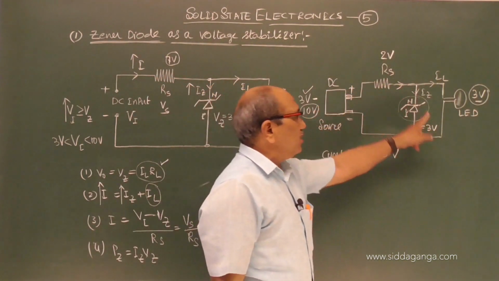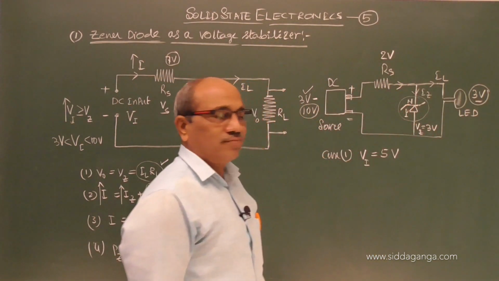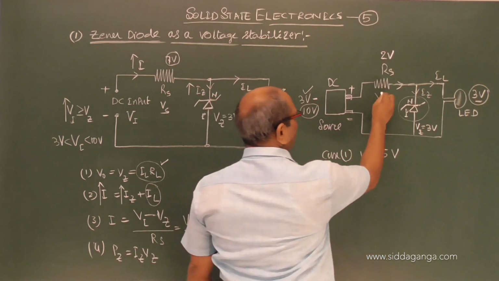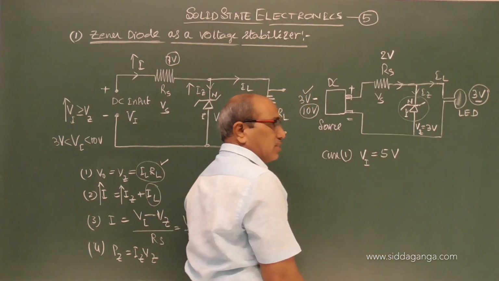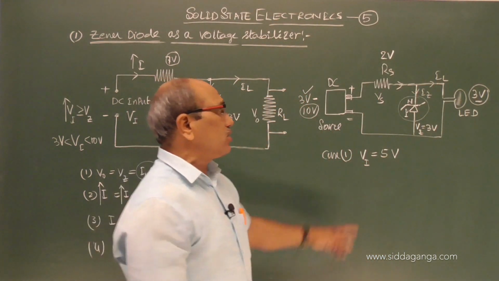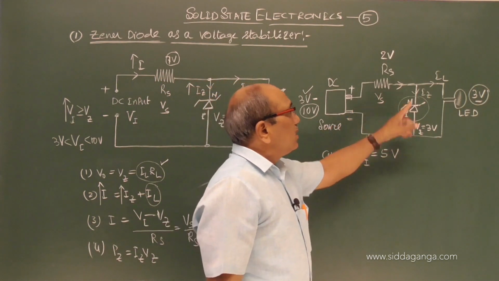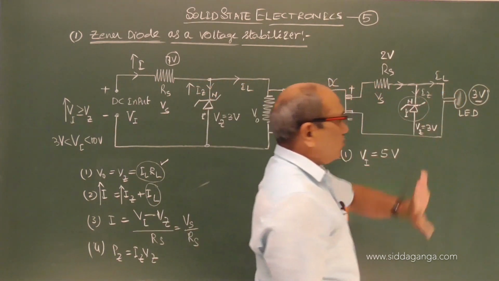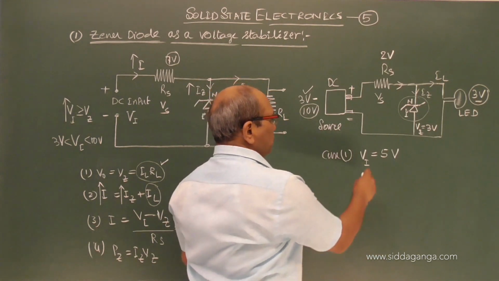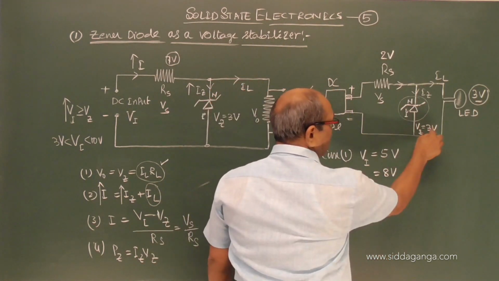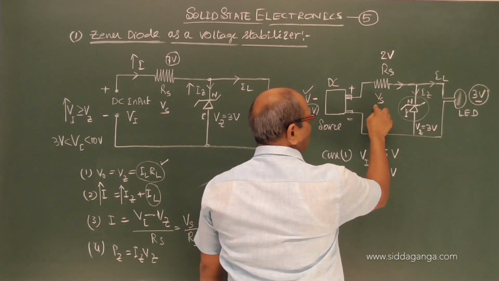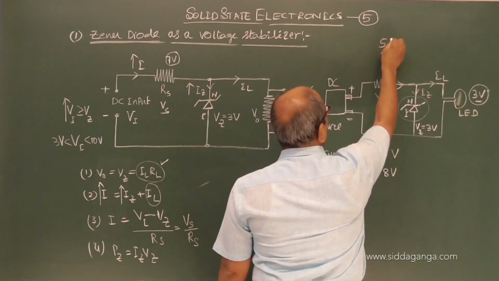Here it is 2 volt and 3 volt, together 5 volt. So some voltage drop takes place across the limiting resistor, also called the dropping resistor. That makes the Zener diode keep a constant voltage. Suppose it comes to 8 volt, it remains 3, and the resistor drop becomes 5 volt.